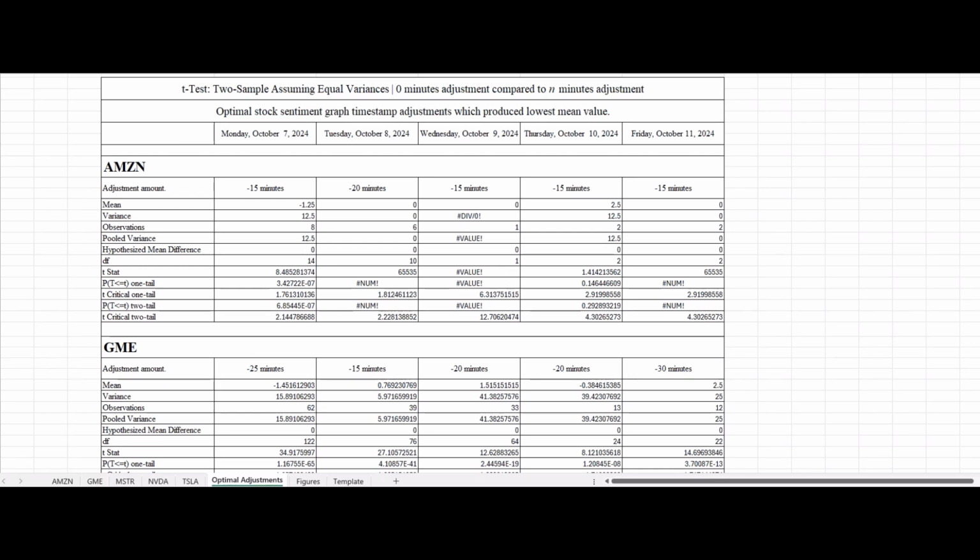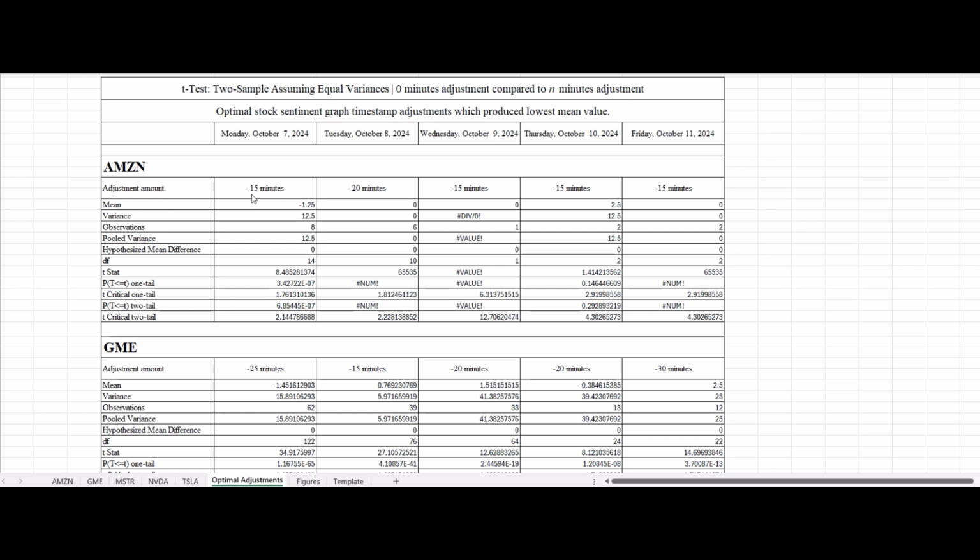For each U.S. stock symbol and each trading day, Monday through Friday, we looked at the t-test which produced the optimal result, and we first looked at the mean. So the lowest mean would be the optimal result.